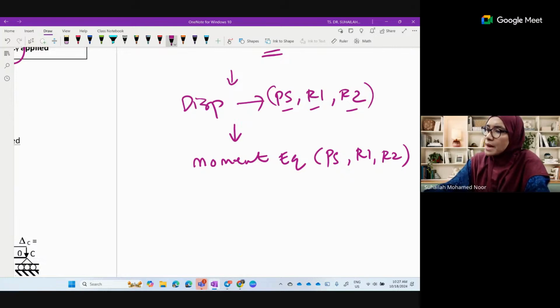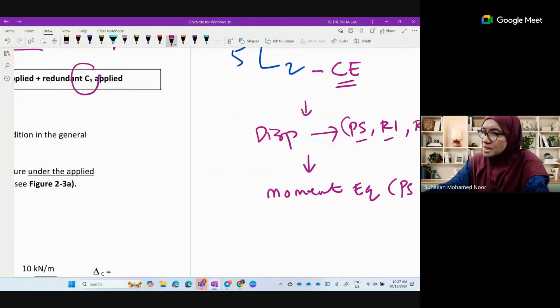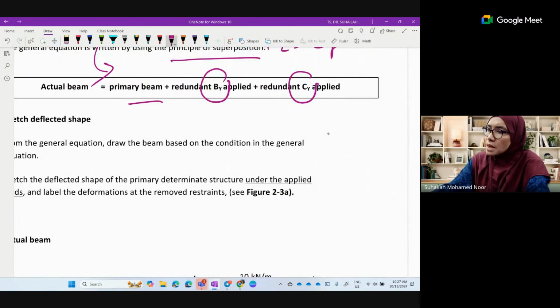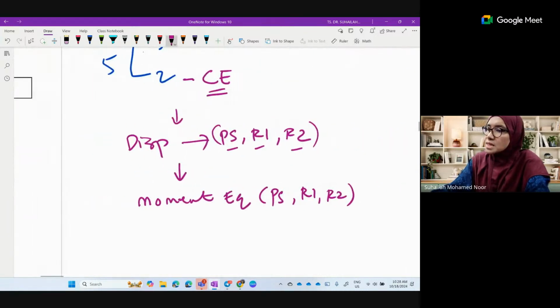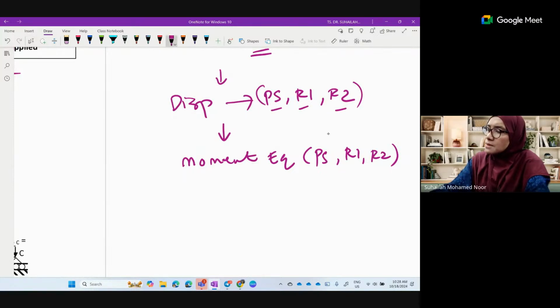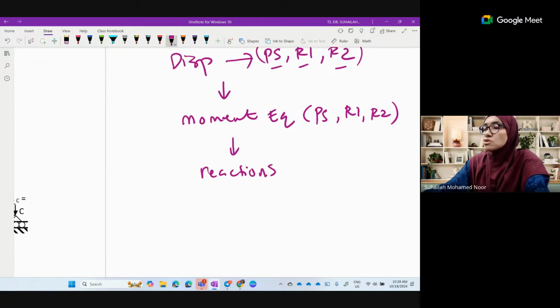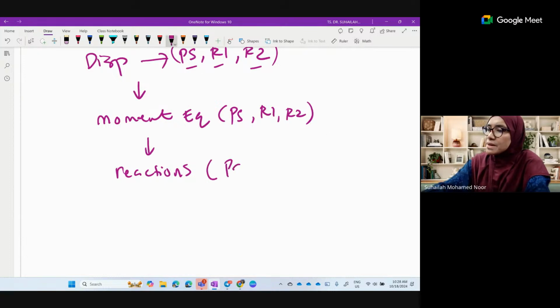Displacement, moment equation, reaction. Actually the arrow is a bit reversed, never mind. Reaction also comes from the primary structure, redundant number 1, redundant number 2. All of these are the system.